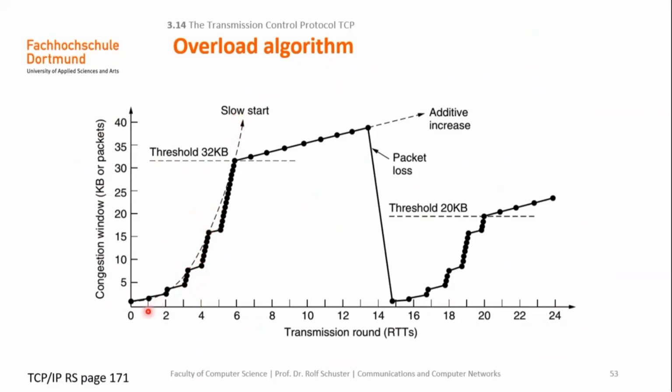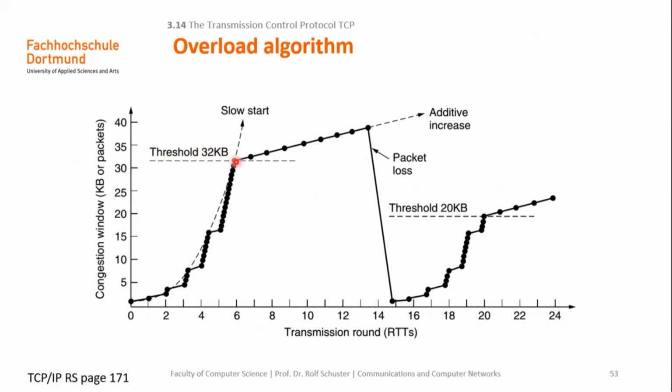Then we can realize that in the slow start phase, the congestion window, and so the throughput of the transmission, is increased exponentially. Remember, this is the slow start phase, until the window reaches the slow start threshold.